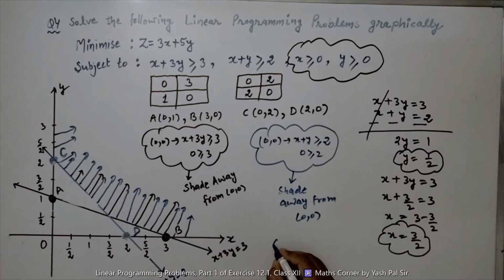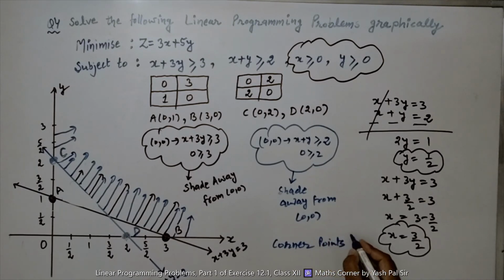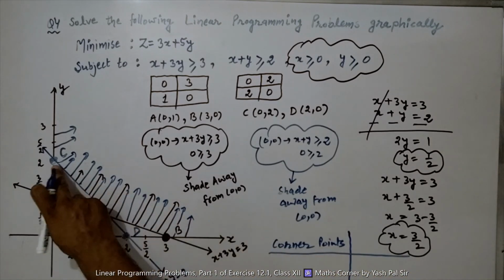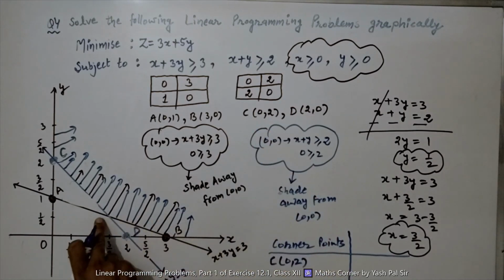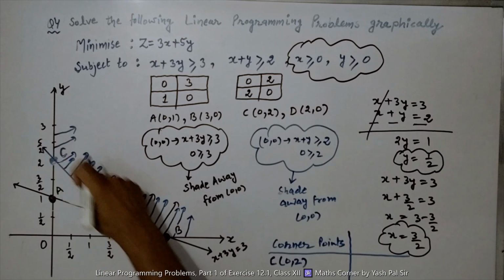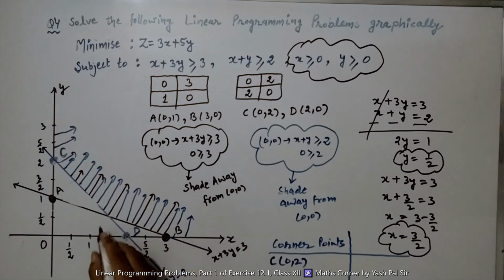So now what are the corner points? Corner points are C. C is 0, 2. Next one is the intersection of these two lines.